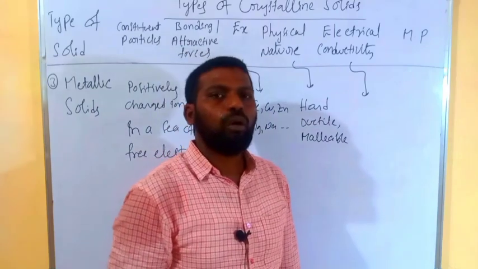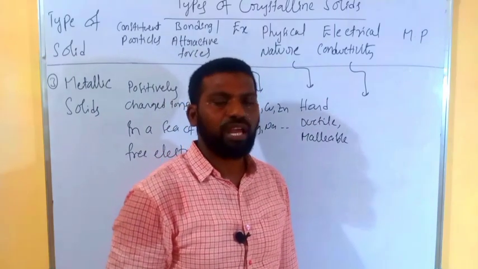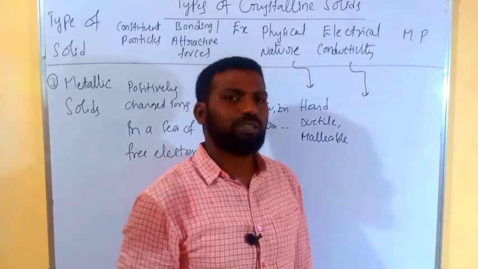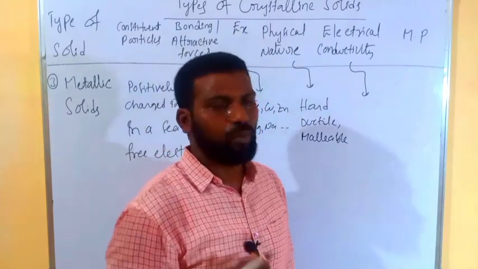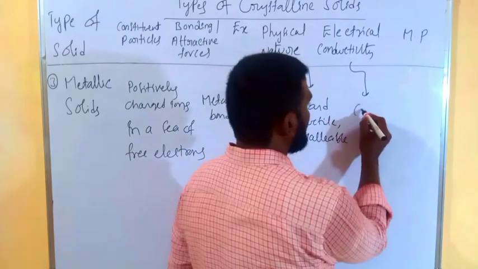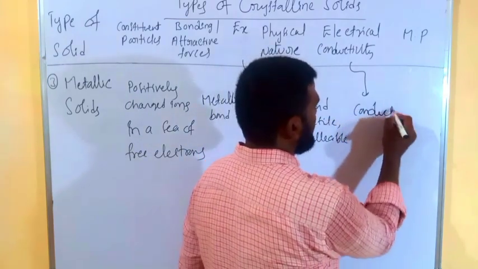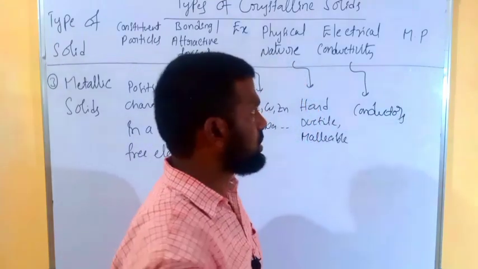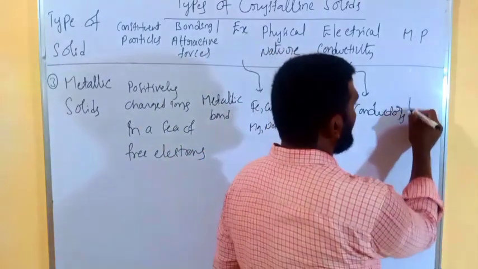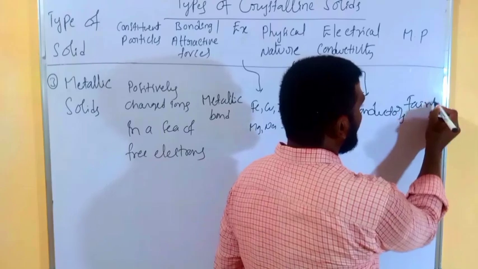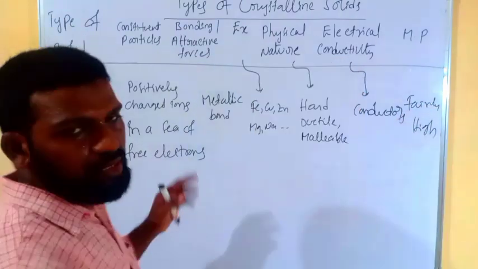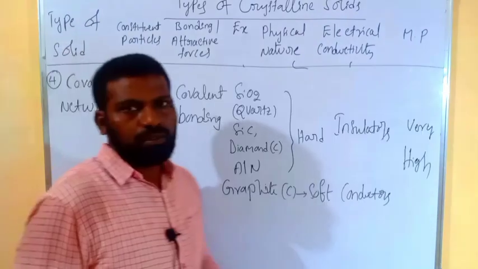As you know, most of the metals, which have free electrons, are good conductors of electricity, both in solid state as well as in molten states. So they are electrical conductors. Their melting point is fairly high. This is about metallic crystals.